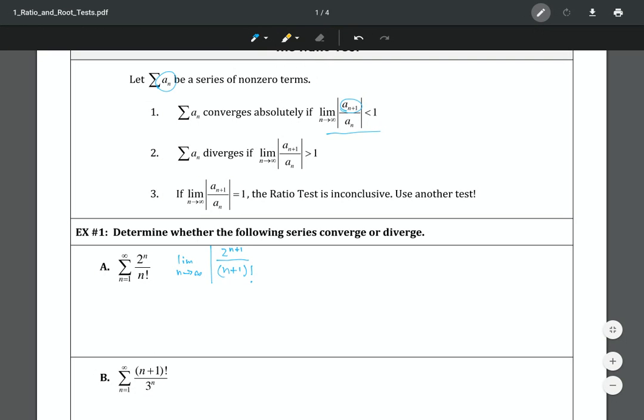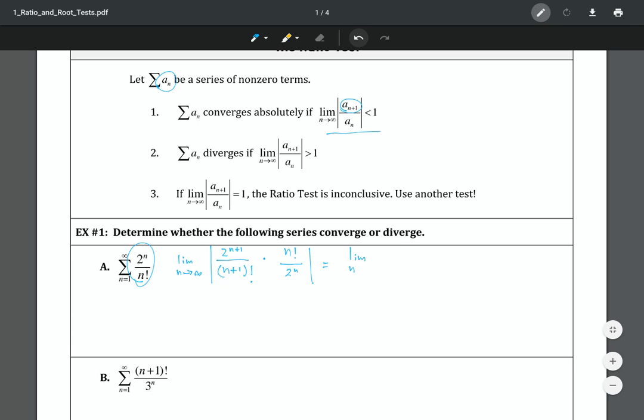Now, if we divide this by the original equation, I would keep change and flip. So this part right here would be the same thing as multiplying by n factorial over 2 to the n power. Right, now there's going to be a little bit of simplifying that you probably have to do on here.